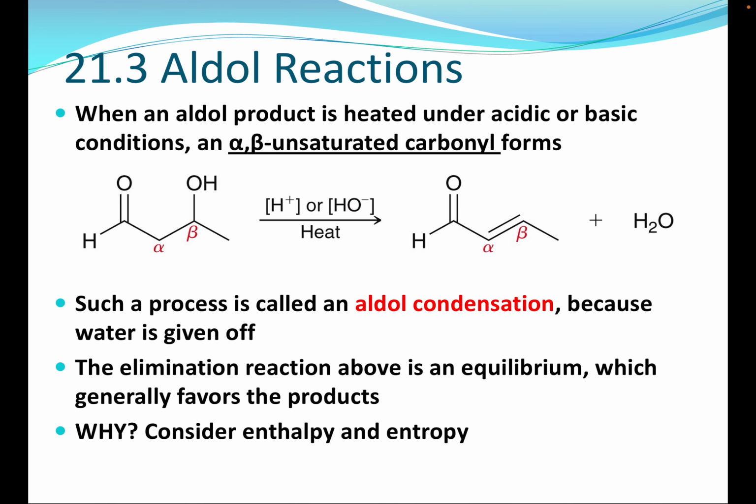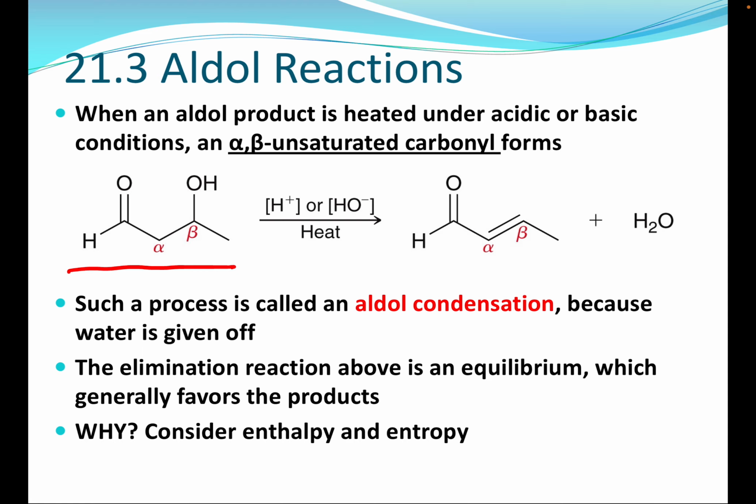So we can make these beta hydroxyaldehydes, which is the starting material on this slide, and we know that our alcohols can be involved in elimination reactions. That is precisely the next reaction that these aldols can undergo. This can be done under basic conditions or under acidic conditions, and usually we see a little bit of heat applied in order to get the reactions to proceed.